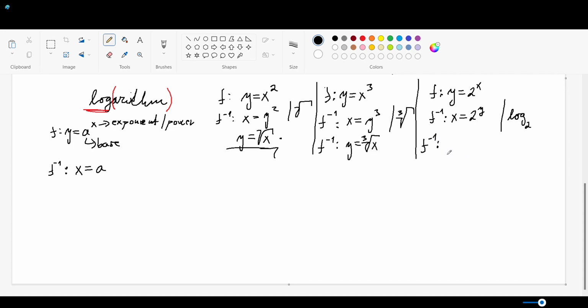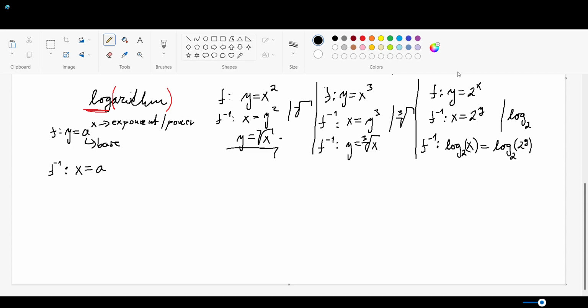But let me do it now like this. So log base 2 of x is equal, now we will come to something like this, log base 2 of 2 to the power of y.